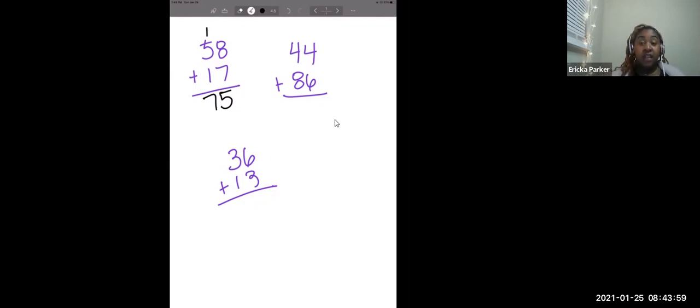Okay, so let's go. 4 plus 6 equals what? 10. All right, we need to carry that. We need to take that 1 from the 10 over to our friends next door, the 10s. All right, so now we got 1 plus 4 equals 5. 5 plus 8 equals what?